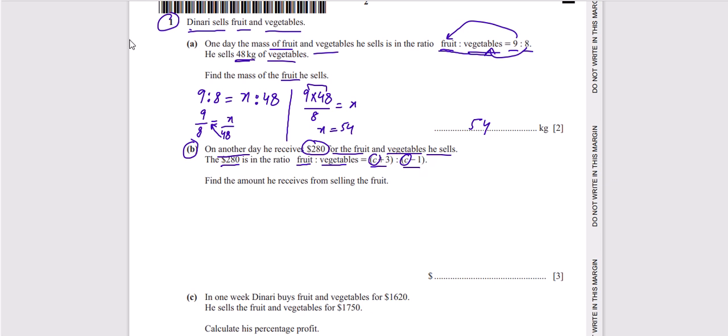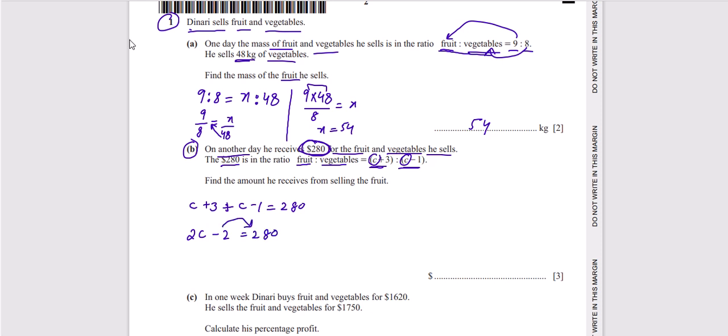So these given ratio parts add up to 280. Like that, C plus 3 plus C minus 1 is equal to 280. C plus C is 2C, and 3 minus 1 is 2, so 2C plus 2 is equal to 280.